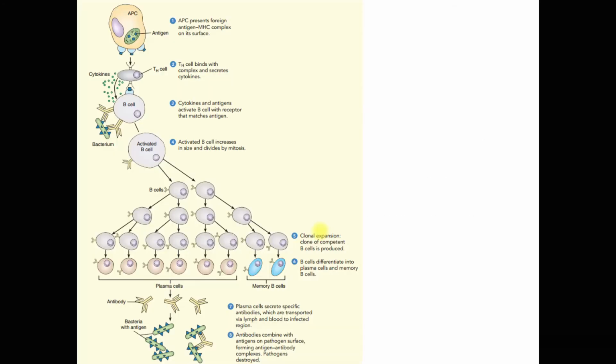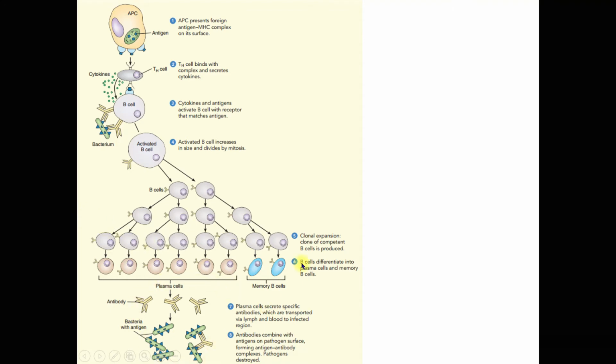Okay. Alright, now let's go into the mechanism of the humoral immune response. Before I start, there are two things here you need to know. For this humoral immune response to be successful, right? To be successful means at the end of this mechanism, antibodies are being produced.